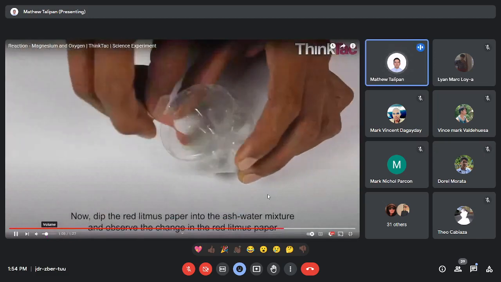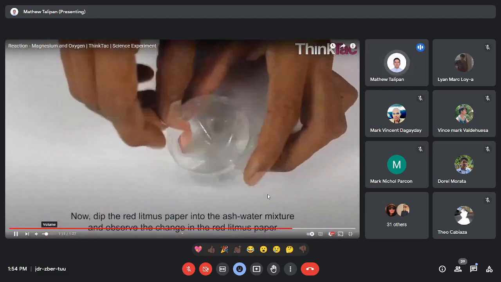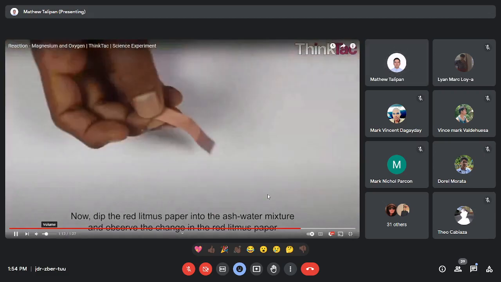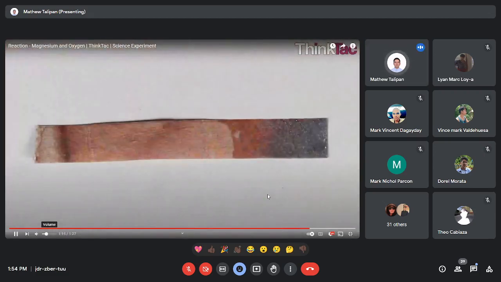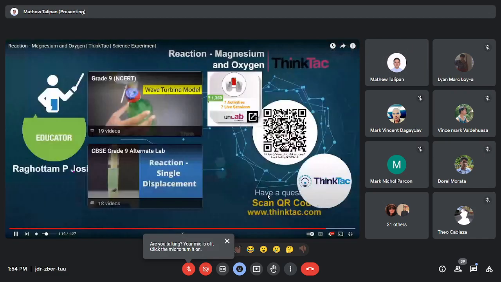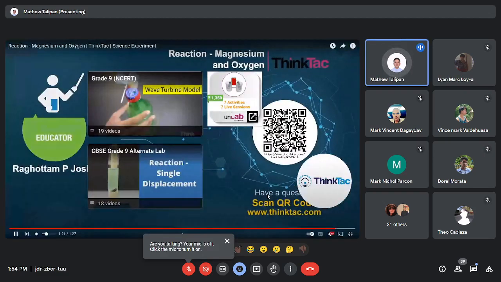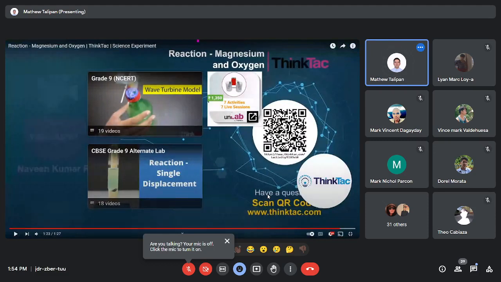The red litmus paper would eventually be converted into blue. So the indication is that the mixture there is basic. So that's one reaction for your magnesium oxide formation.